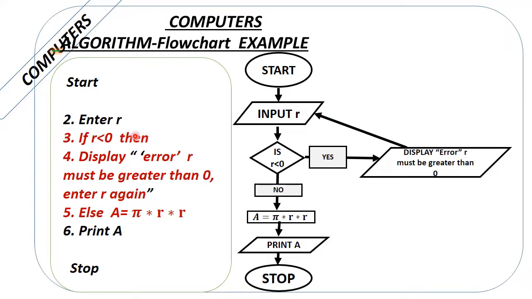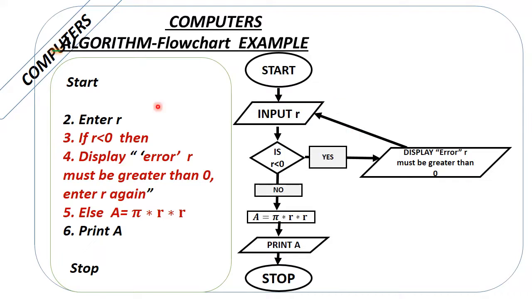Now this part where it's going back, this is not part of the pseudocode here. It's something that I included to emphasize something. So our pseudocode ends here on the yes part. But normally, depending on exactly what's happening, the type of machine you're using, it's better you ask the user to enter r again.